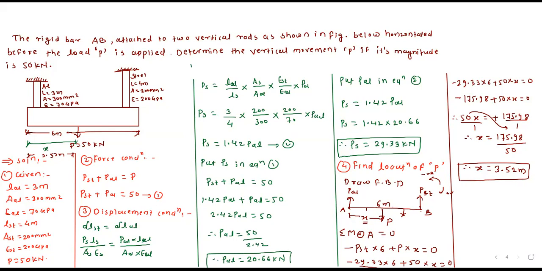Okay, write down the next problem. A rigid bar ABCD shown in the figure supports a 5 kilonewton load. Please wait, I will also write simultaneously, then we will solve the problem.